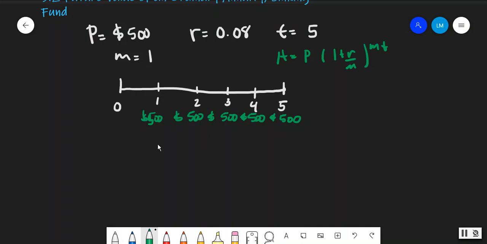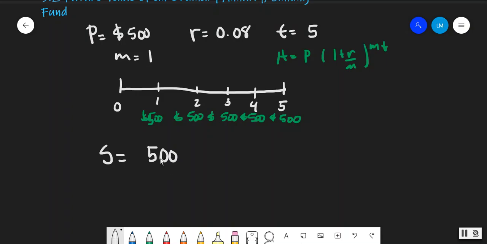Now, this is where it gets a little interesting. We can say that the sum of the payments that you make is going to be S. For the first year, no interest is actually applied, so you're just depositing that 500 at the end.